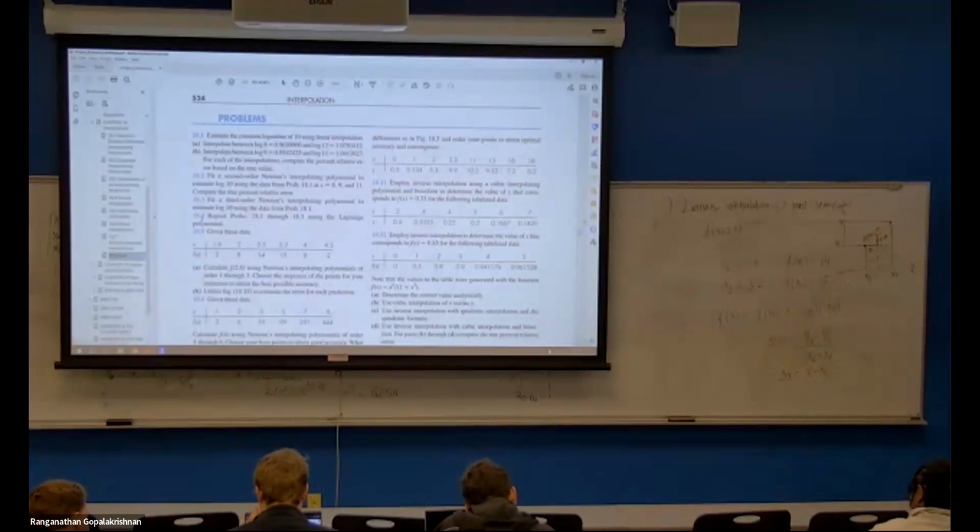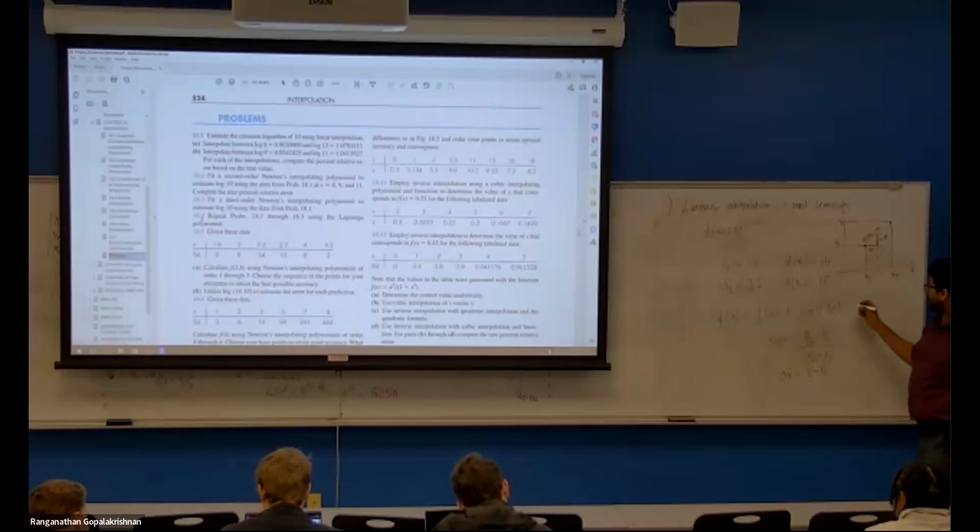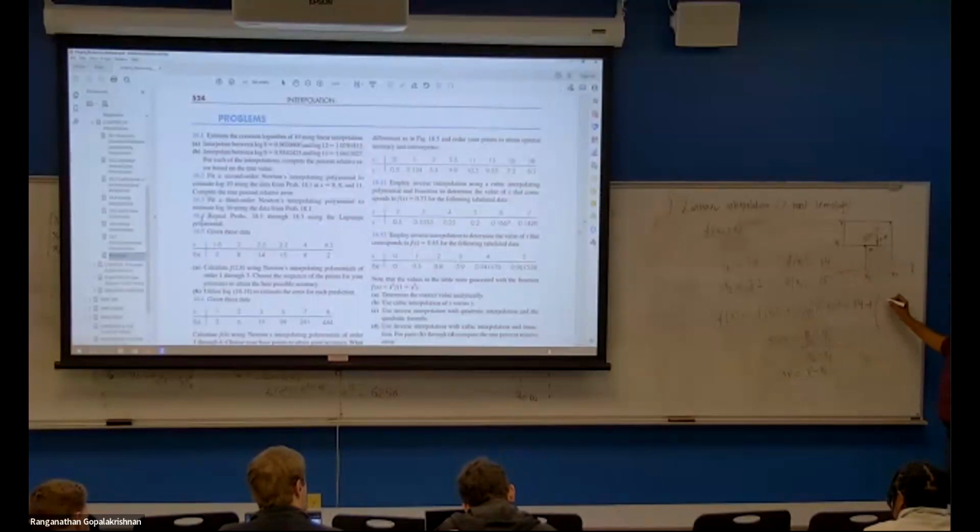So now, put in the values. What is f of x1? 14. What is the slope? 15 minus 14 divided by 3.2 minus 2.5, multiplied by what is delta x? 2.8 minus 2.5.